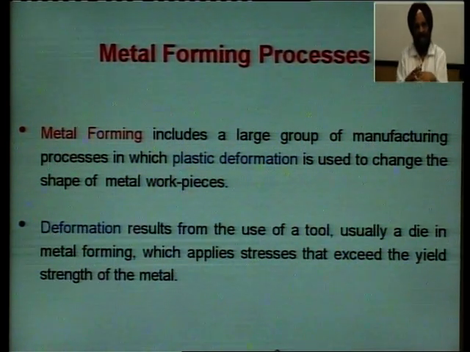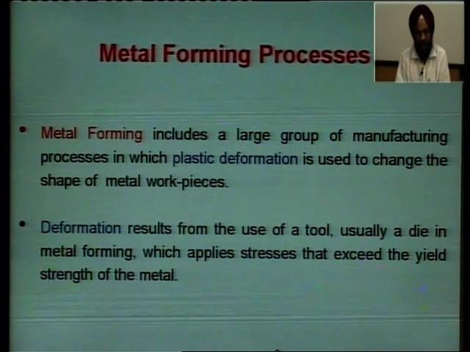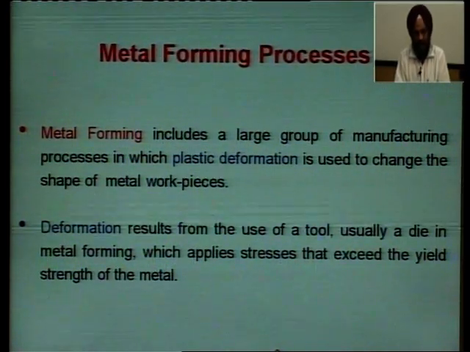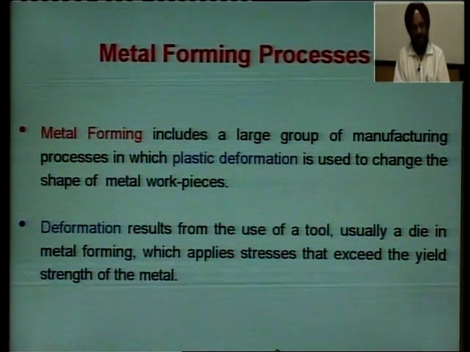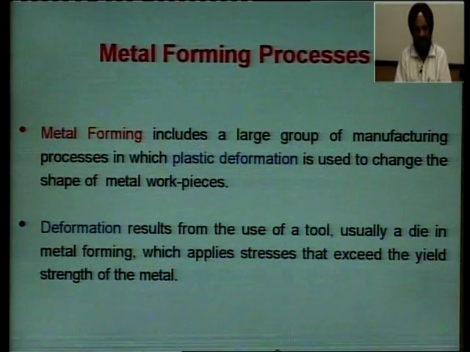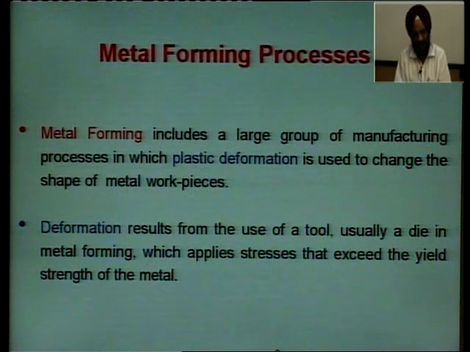Shape will only change if you take it to the plastic deformation stage. So deformation results from the use of a tool, usually a die in metal forming, which applies stresses that exceed the yield strength of the metal. So you have to stress the raw material beyond the yield strength so that it yields. If it yields, only then you can change the shape.